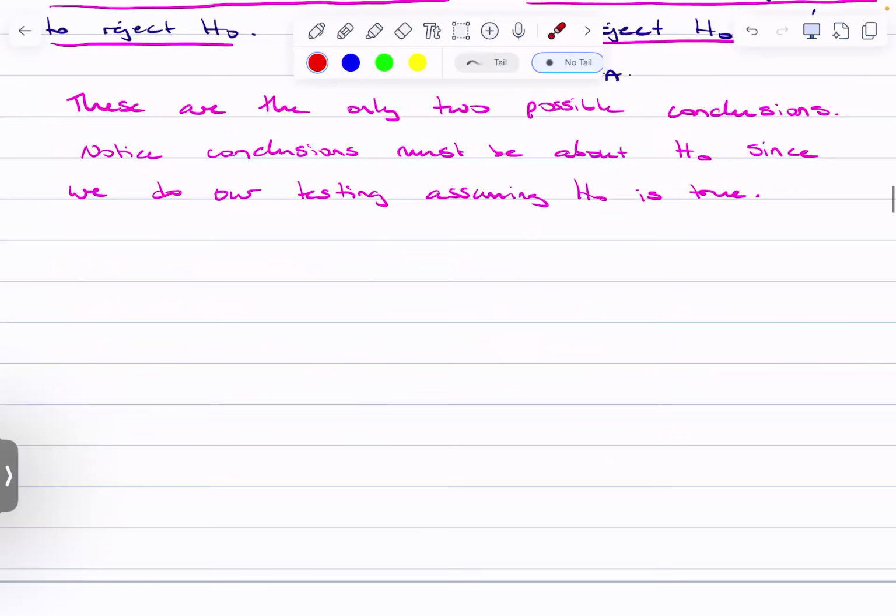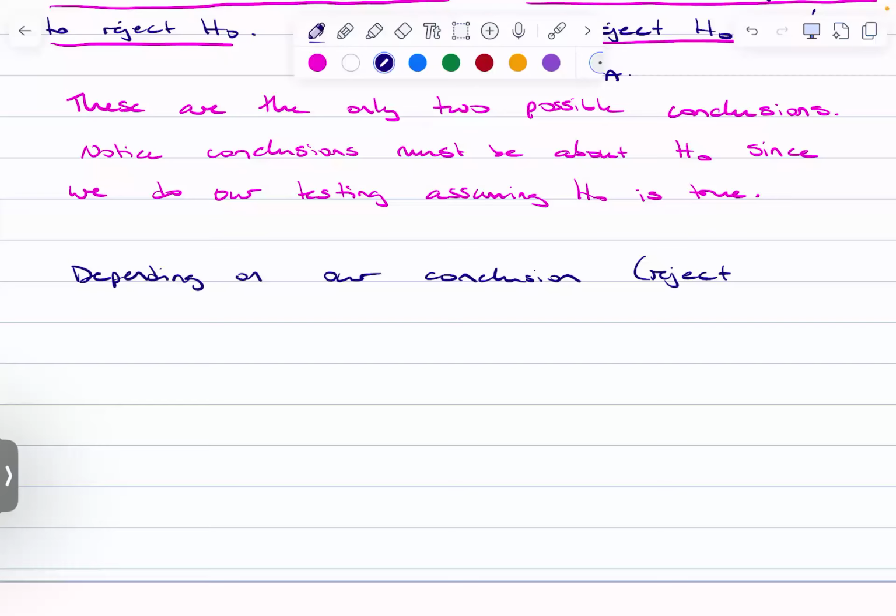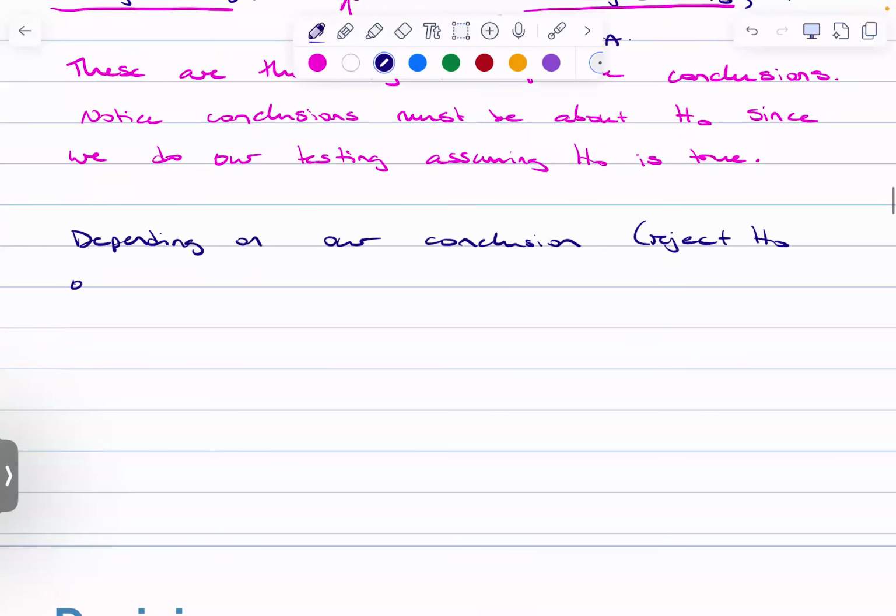And so depending on what our conclusion is, which is either reject H naught in shorthand, right? You either have enough evidence to reject H naught, or usually we say fail to reject H naught, or FTR in shorthand.